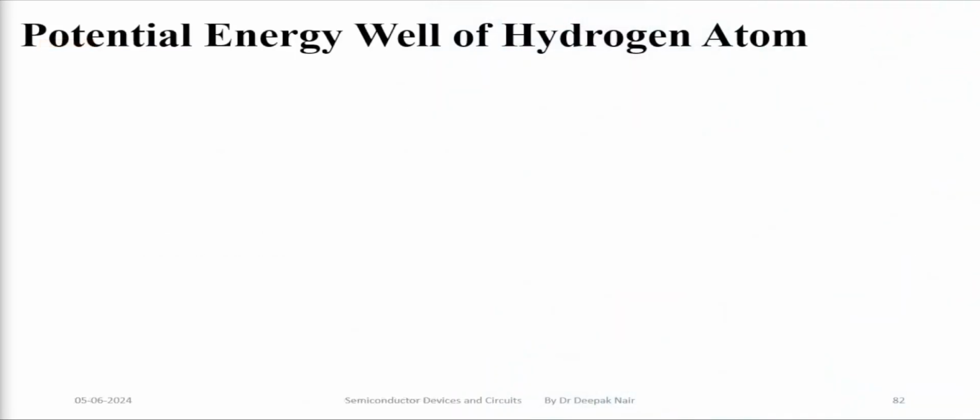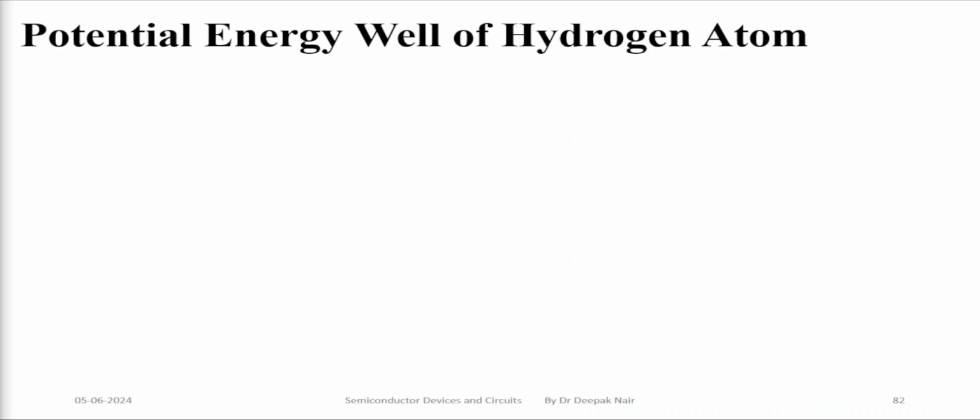So first of all, let us talk about the basic definition of potential energy of the hydrogen atom, and then we will come to the topic of why it is called a potential energy well, why it is called a well.